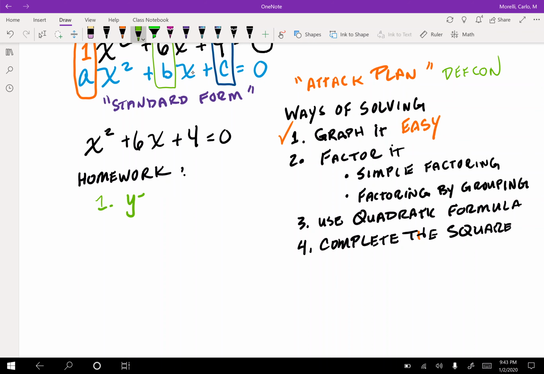Y equals 2x squared plus 3x minus 7. There's 1.